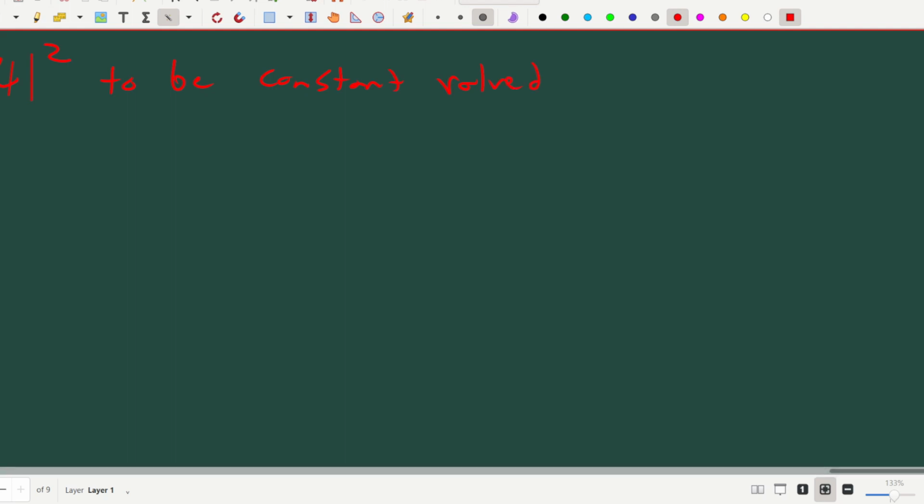We need psi squared to be constant valued, and we need the wave function itself to be proportional to a cosine. We need both properties. We need it to be a wave that oscillates in space, and we also need a constant probability in space. So there's only one possible equation that works.